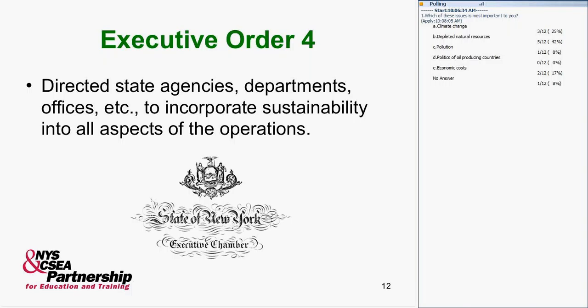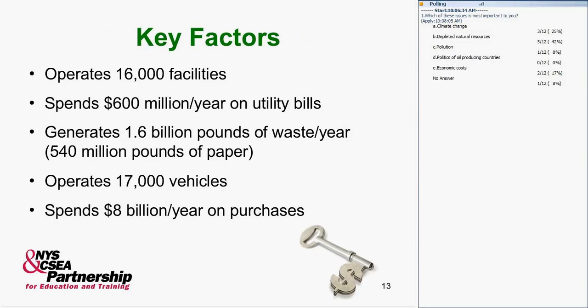We were going to find ways in New York State to be green. It became really significant because New York State, the government itself, if you considered it an industry, is massive. It would be one of the largest in the state, obviously.